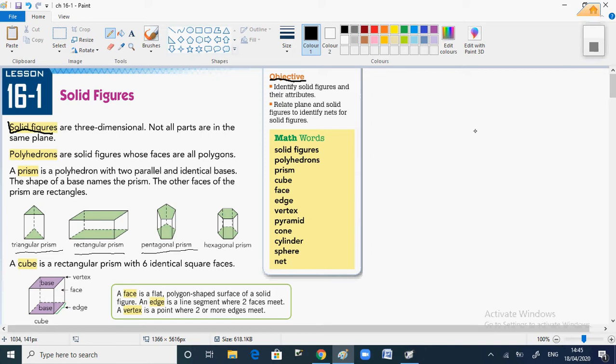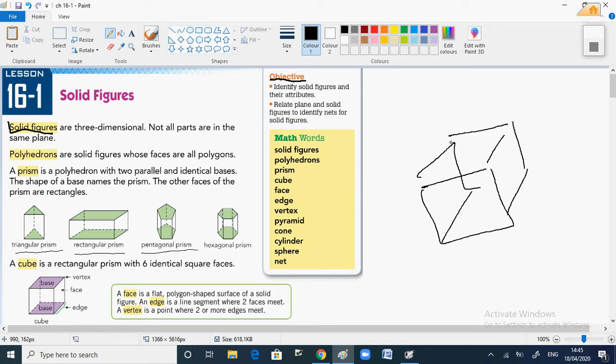So a face is flat. Now, for example, look here at this shape, this cube. Look, this is called a side. And the corner between any two or three sides is called a vertex. Here, let me color this one.